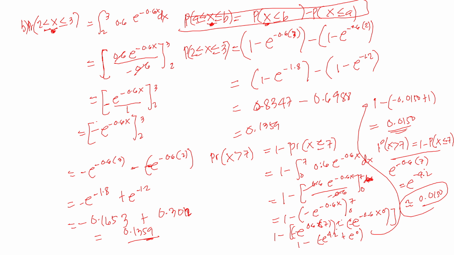So that is 1 minus the probability of lesser than or equal to 7, is equal to e raised to negative 4.2, that is 0.015. So that is the probability of more than 7 minutes after the call.